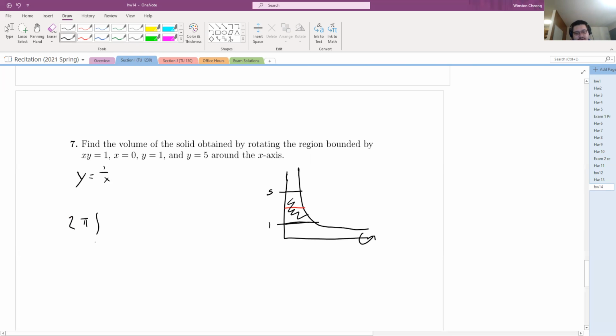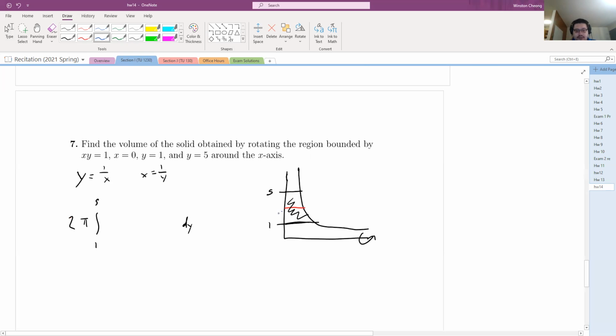We would think of it as 2 pi integral from 1 to 5, and then we would say dy. We want to vary the y. So instead of this equation, we want to think of x is equal to 1 over y. And so now we're thinking of the same equation. It's just y is our input, x is our output. And here, y being our input, that's still totally fine.